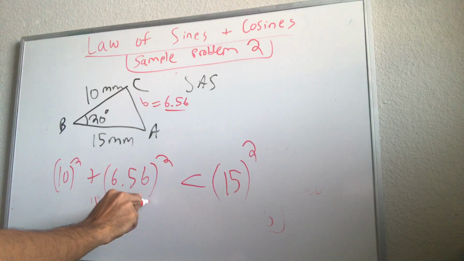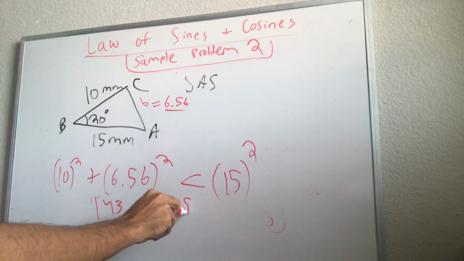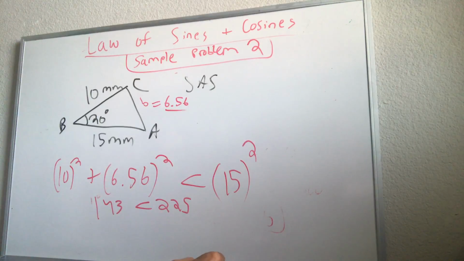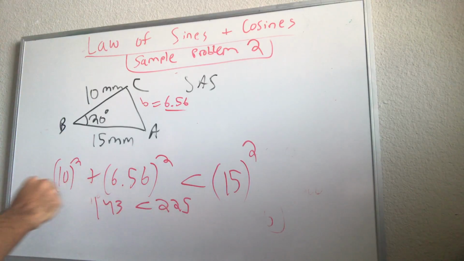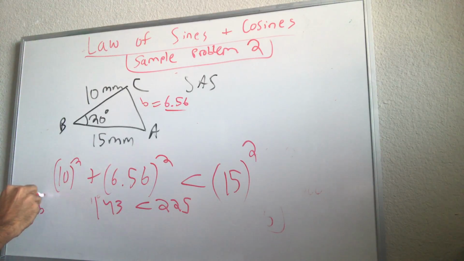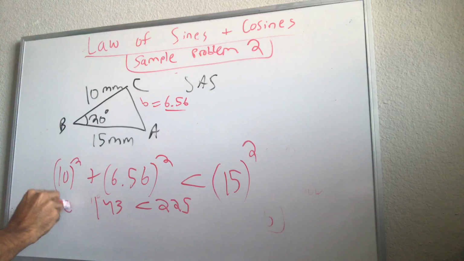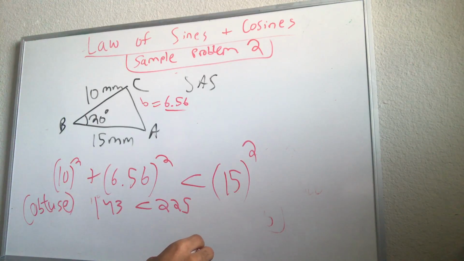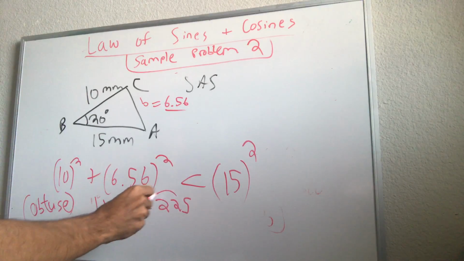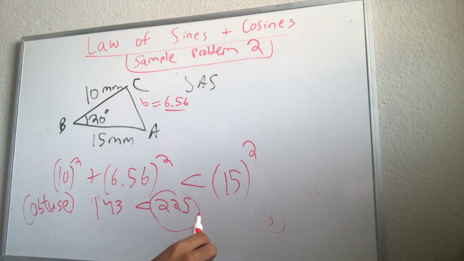And 15 squared is 225. Clearly, 225 is larger than the sum of the squares of the two smaller sides. Therefore, this is an obtuse triangle.